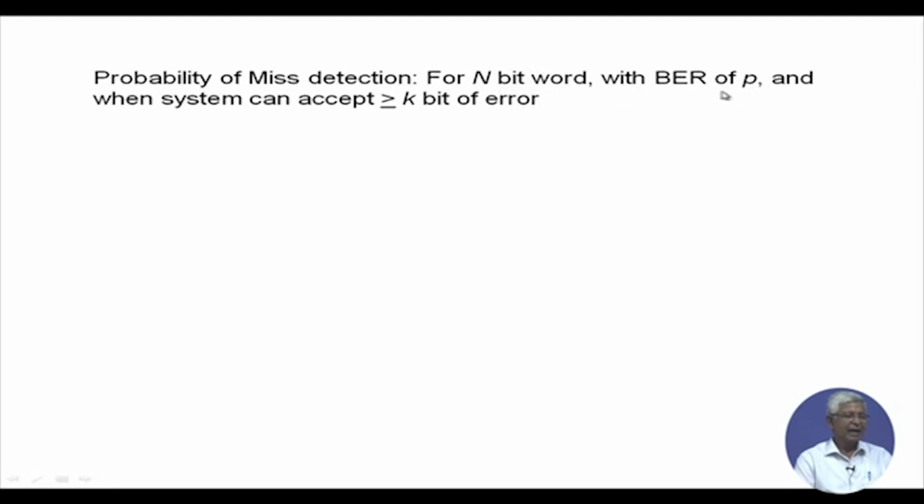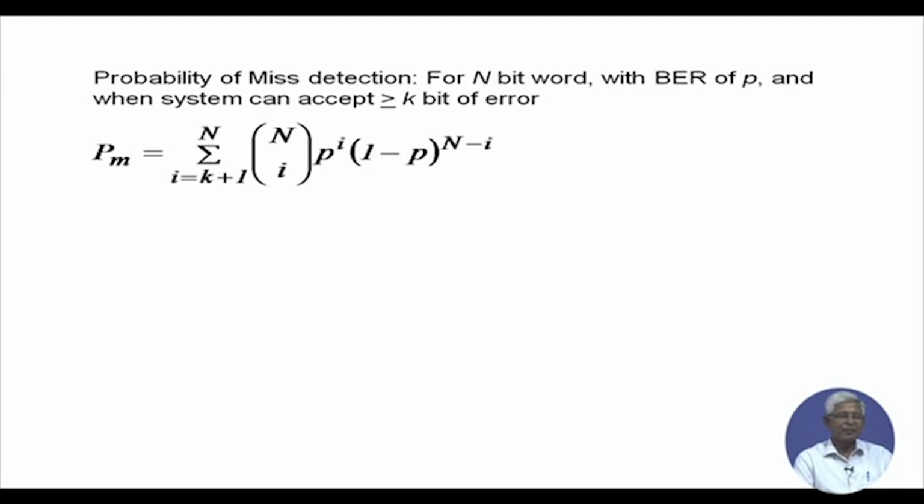With a bit error rate of probability p, and when the system can tolerate k bits of error, where k could be 0, 1, 2, 3, depending on the system, the probability of misdetection is expressed as the sum over I equal to k plus 1 to n of the binomial n choose I, p to the power I, times 1 minus p to the power n minus I. You must already know this type of expression.